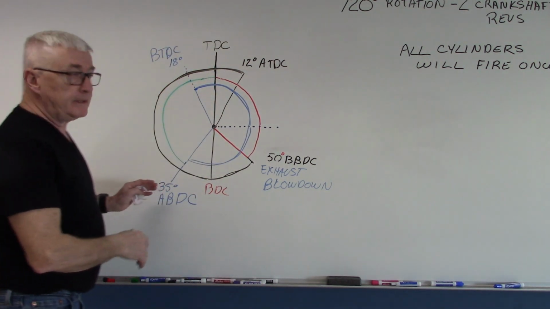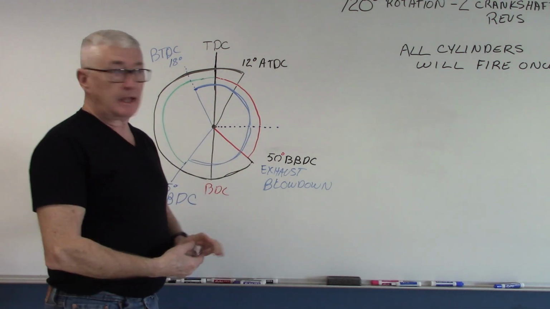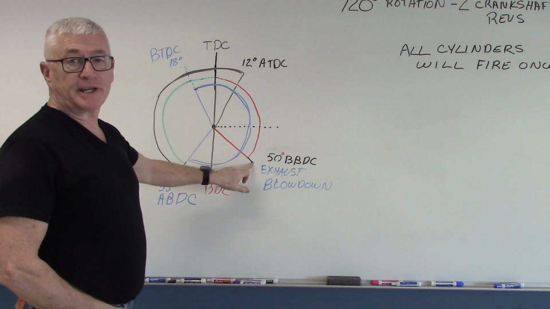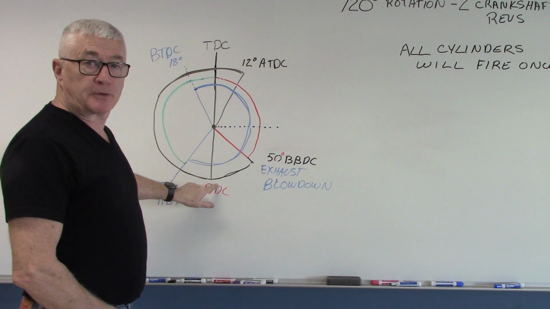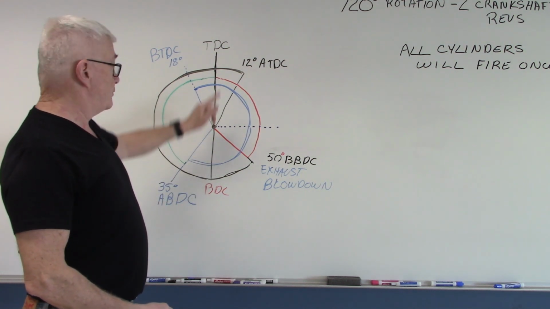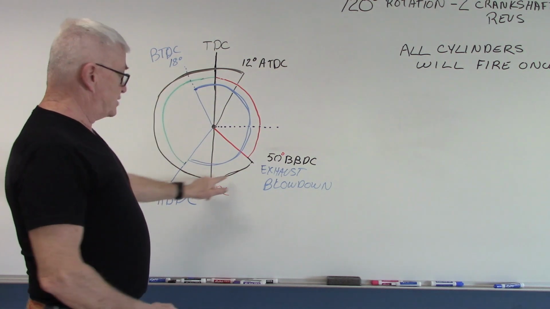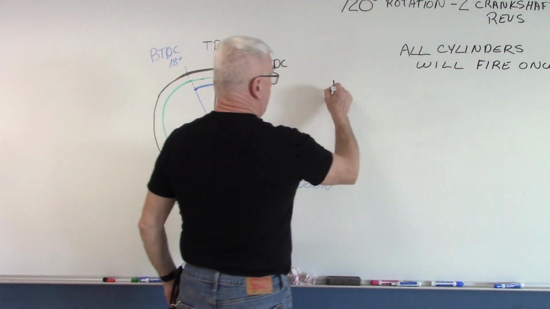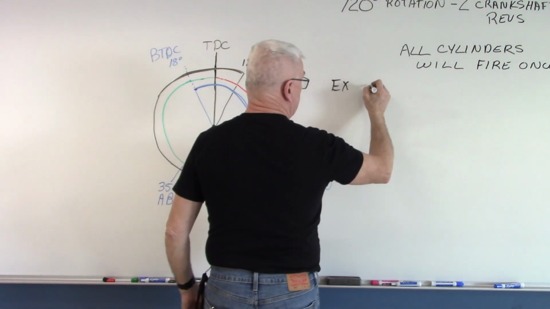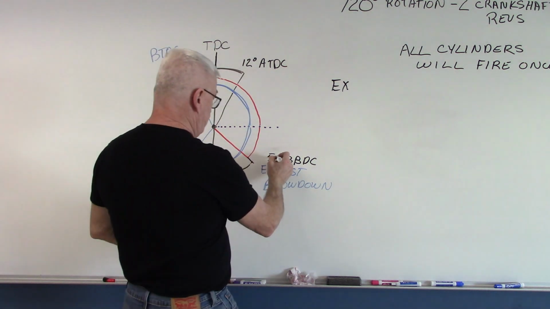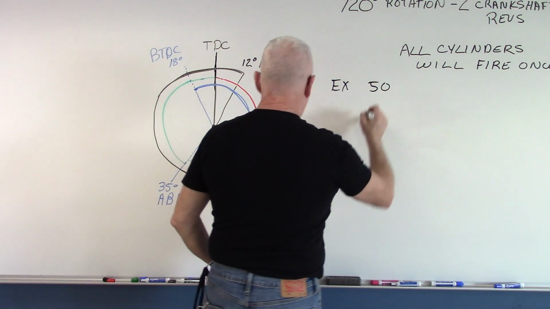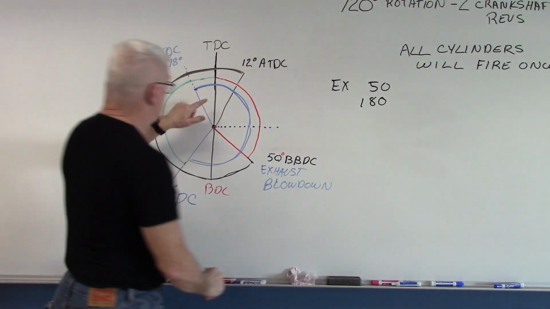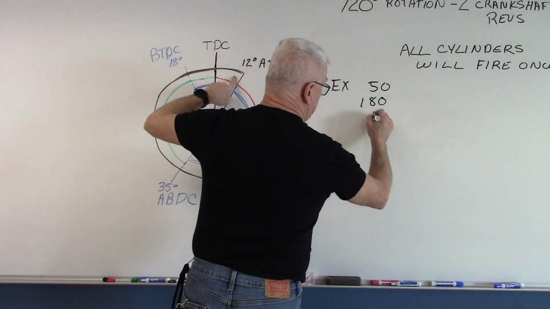Okay, so now let's do the math for each of these. We know that this is going to be more than 180 degrees, because 180 degrees would be from top dead center to bottom dead center, or from bottom dead center to top dead center. But because my black line is greater than 180 degrees, I know that I'm going to be adding them together. So for my exhaust stroke, we're going to start with 50 degrees before bottom dead center, plus 180 degrees, plus 12 degrees after top dead center.